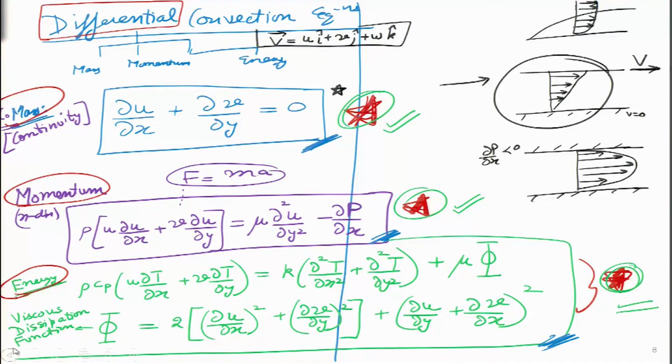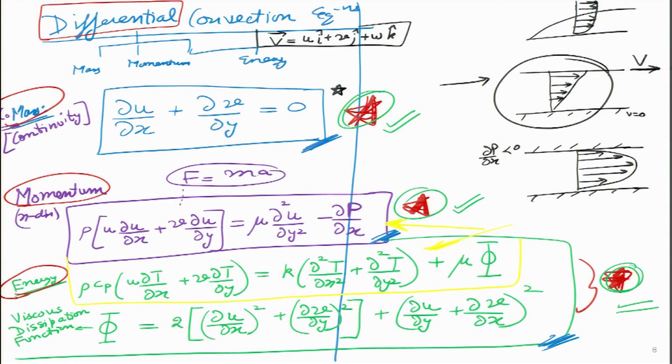The second thing that we will see over here, if we go back 2 or 3 slides, and this is something I wanted to ask earlier, but I will ask it now, is if we look carefully between the first energy equation, this one, and the momentum equation, do we see some similarity? So, here u del T by del x, here u del u by del x; second term v del T by del y, v del u by del y.